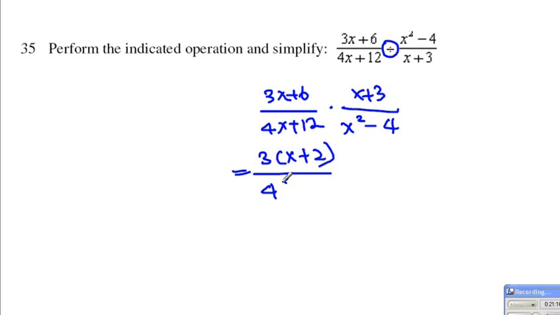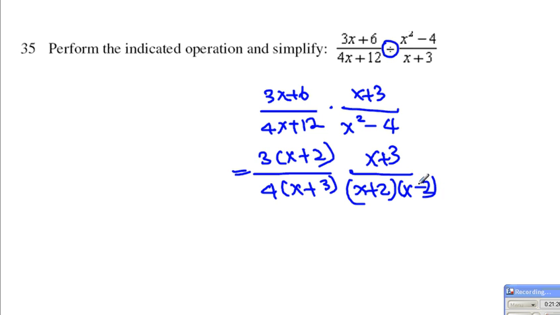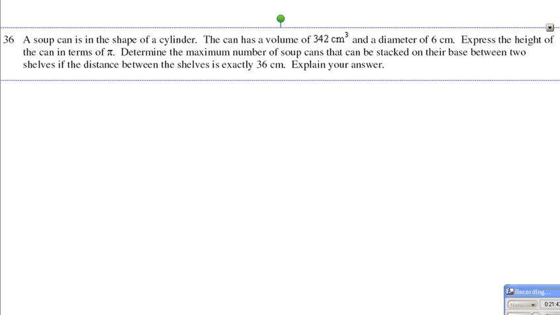On the bottom, we have 4 times x plus 3, multiplied by x plus 3 divided by x plus 2 and x minus 2. Now for canceling, my favorite part, here cancels out. Here cancels out. So we end up having 3 over 4 times x minus 2. That becomes our final answer.